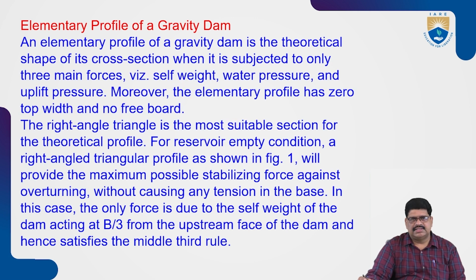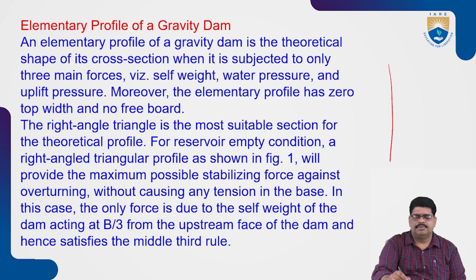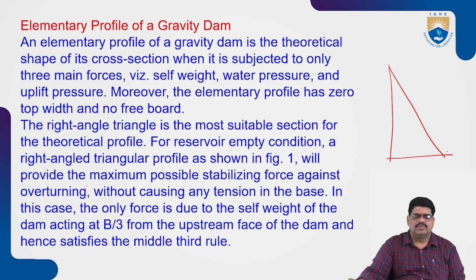Moreover, these three forces are the most important among all. The elementary profile has zero top width and no freeboard. That's why we call it the elementary profile. The top width is equal to 0.